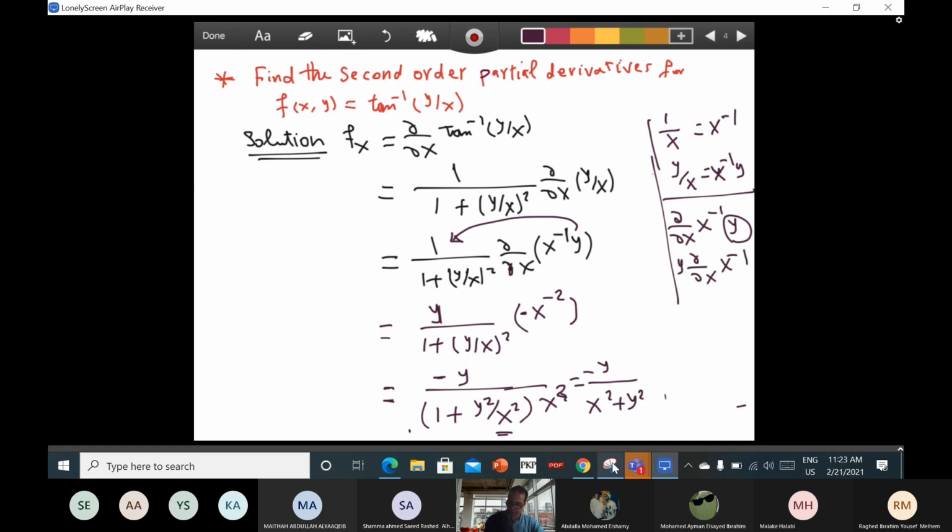Okay? Now, what is the derivative of x to the minus 1? I get the power down and subtract 1, so I end up with this one, right? Now, it is easy to have x to the minus 2 is 1 over x squared. This is what I have done down here, okay?